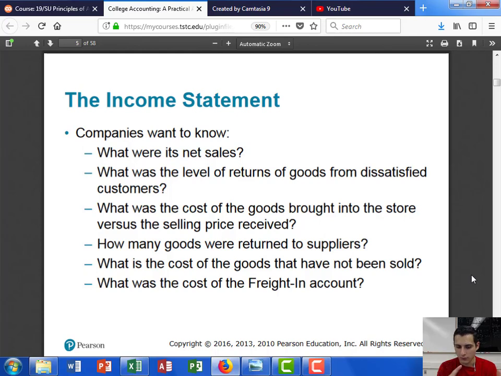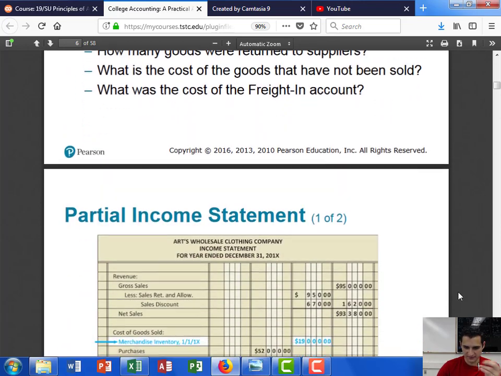Meaning, you know what your cost of goods sold is, how much you've purchased, returns and allowances, how much your customers have returned to you, and what discounts you honored to your customers, and what your vendors honored to you. So it gives you all the in-depth analysis of the amounts inside your business, basically.